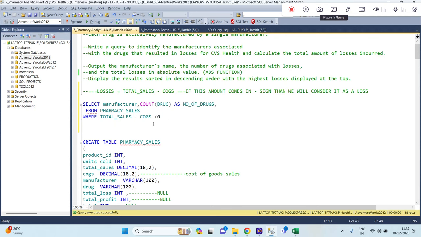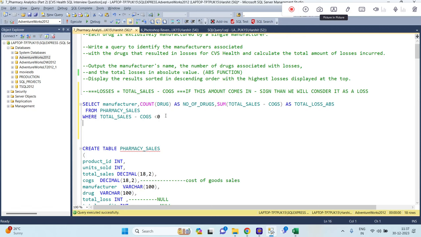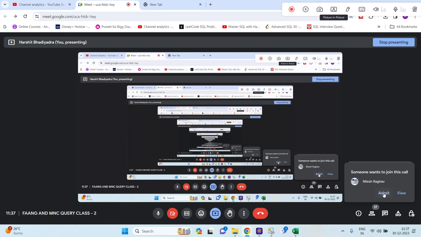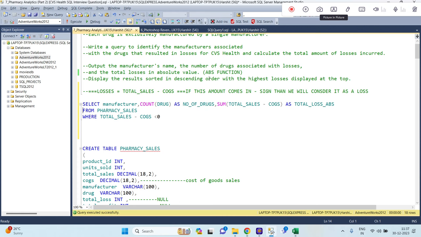And then we need to display total sales minus COGS, and we need to do the sum of this one, total loss absolute.